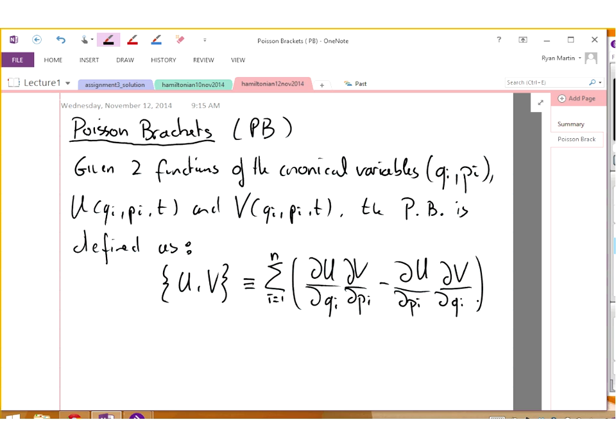There are n of these terms. These Poisson brackets are interesting because they're actually related to the commutators that you have in quantum mechanics. That's a connection that we'll make at the end of the course, but that at least should inspire you to want to know more about these Poisson brackets.